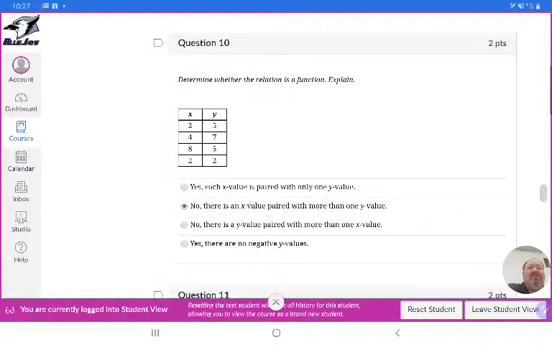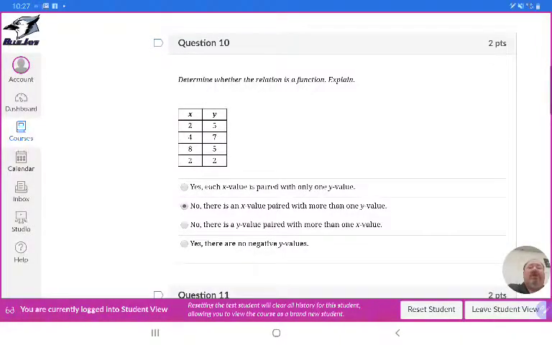Question 10. Determine whether the relation is a function and explain. So what do you think on this one with what we just went over? Function, no function? No function, right? And the reason being is there is an X value, the number 2, which is paired with more than one value.